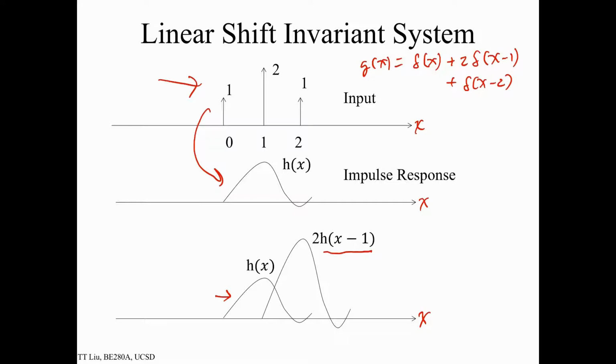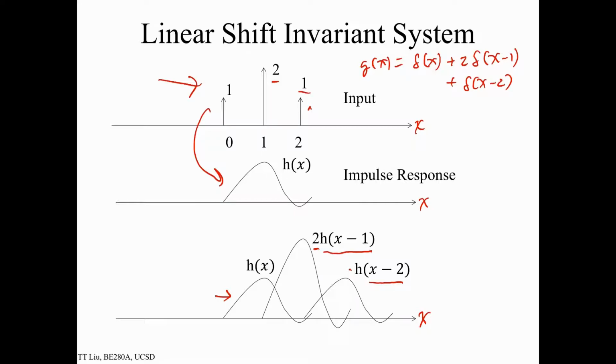Then because of the scaling property of linearity, it's multiplied by 2 because this delta function had a weighting of 2. The final one is the response to this delta function, and because of shift invariance, it is simply a delayed version of the original impulse response. Since this has a weight of 1, there's just an implicit 1. So far that's shift invariance, and we've also used the scaling property of linearity.